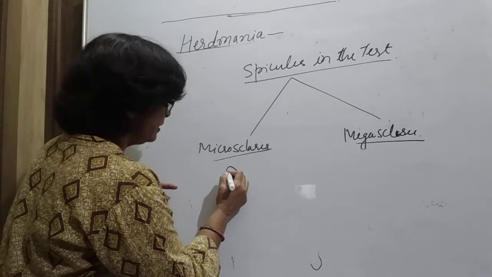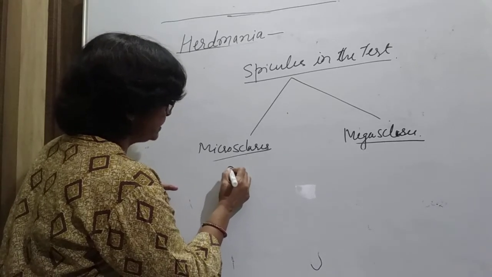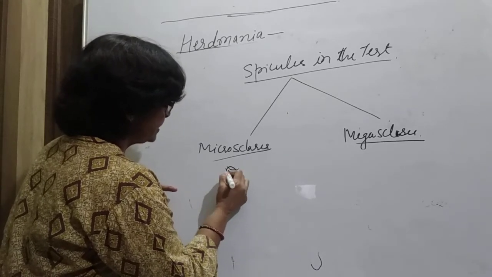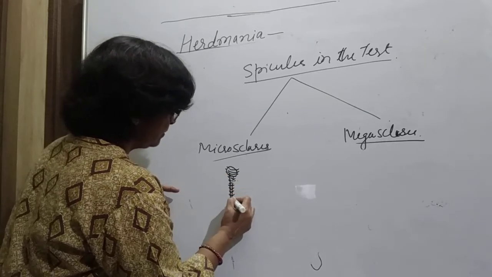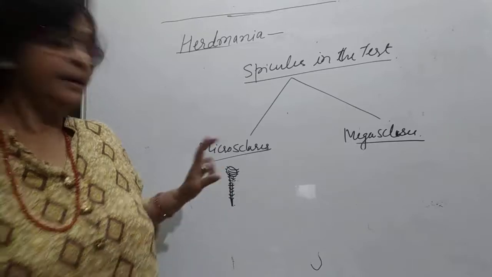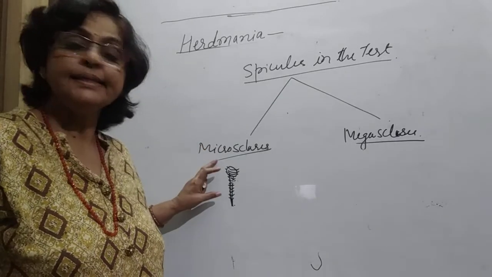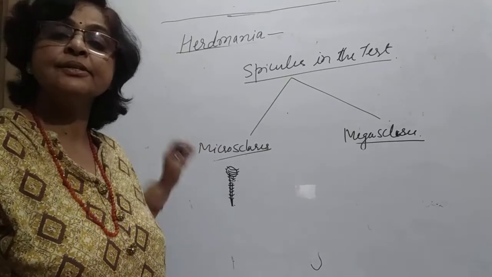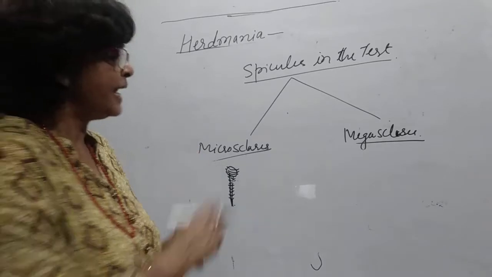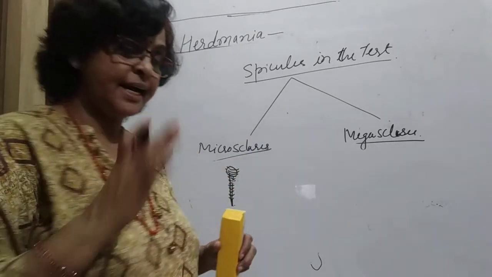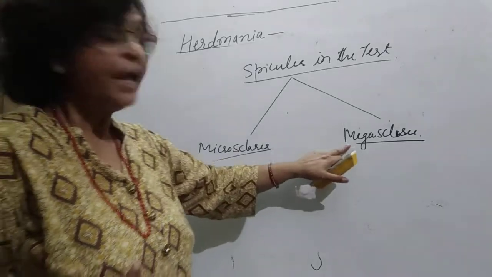The whole body of the microsclere is surrounded with equidistant rings, and these are the spines projected outwards.